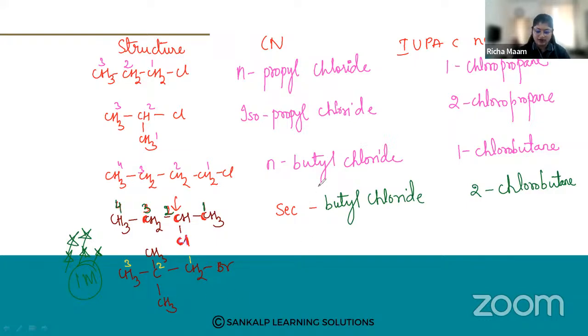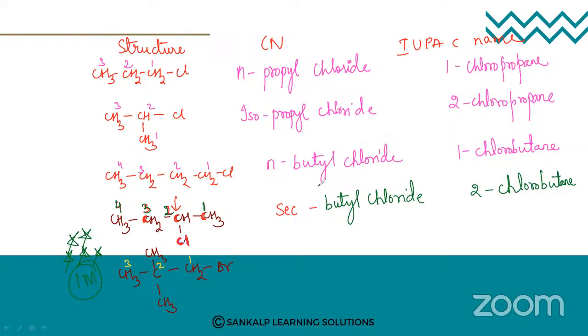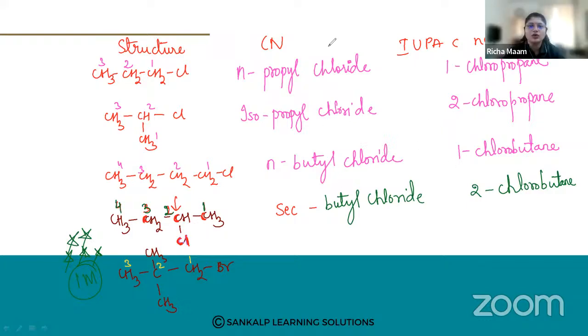Okay, correct. Yes, try. I'll tell you. You try. Isopropyl bromide? No. Okay, somebody says 2,2-dimethyl bromopropane.